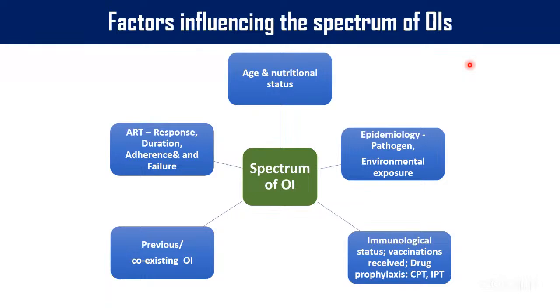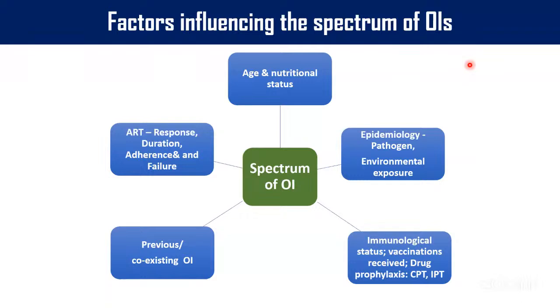For example, in the season of dengue, in any child with fever, you need to suspect dengue rather than any rare opportunistic infection. Similarly, environmental exposure. What is this child exposed to in the family? If there is exposure to tuberculosis in the family, that will be the common cause in that particular situation.